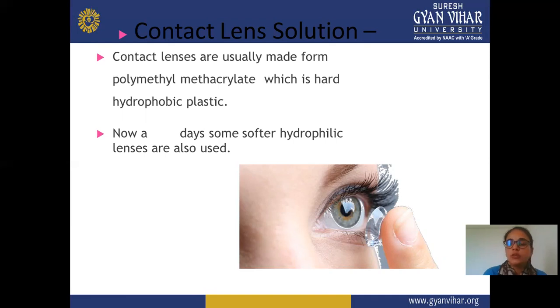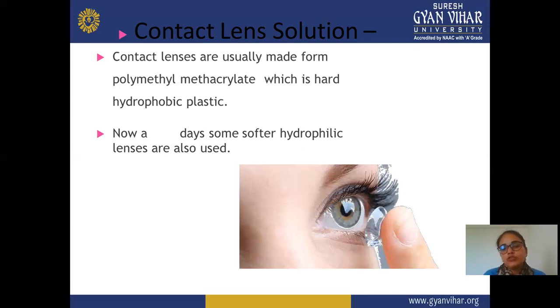Anyone can install them, but during installation or wearing, you should take some precautions. You should always wash the lenses with isotonic solution so that they are compatible with your eye, and use them according to your trained person's guidance. Without that, you should not use them for a long period, and you should know the proper condition for installation of these contact lenses.